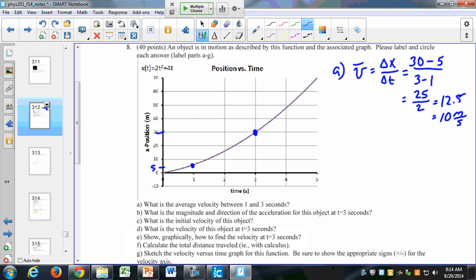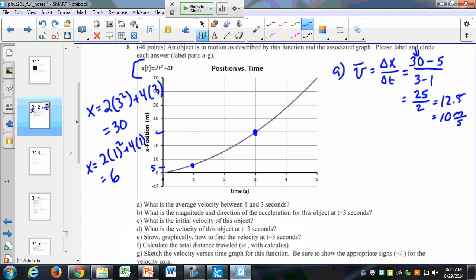Yeah, actually, if you want to know the actual position, you can use the function. To find our final position, it's 2 times 3 squared plus 4 times 3. That's 18 plus 12, which is 30. That's what we put here. But as Tong said, the initial position is actually, and I can find it exactly instead of just estimating from the graph, 2 times 1 squared plus 4 times 1, which is equal to 6.